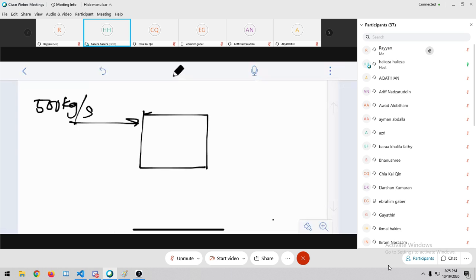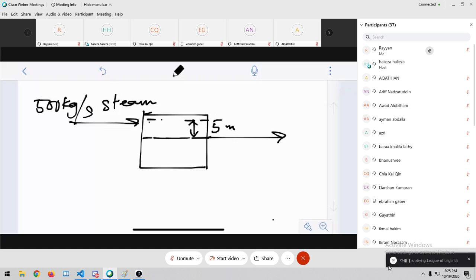Okay, we have 500 kilogram of steam. You are entering it here, that's the entrance, and you are going to exit somewhere 5 meters below. The condition of entrance is 44 atm and 450 for temperature.